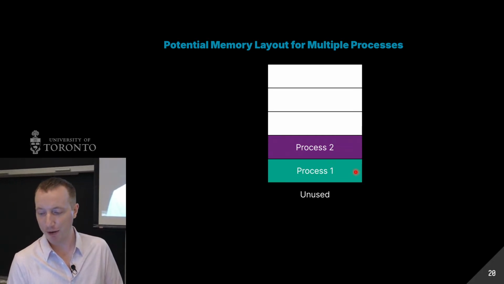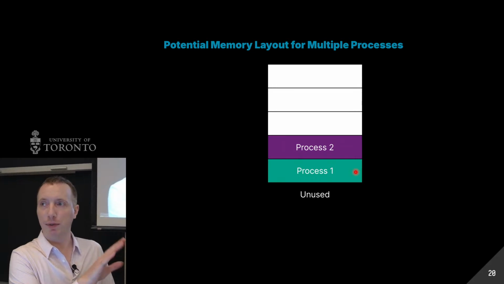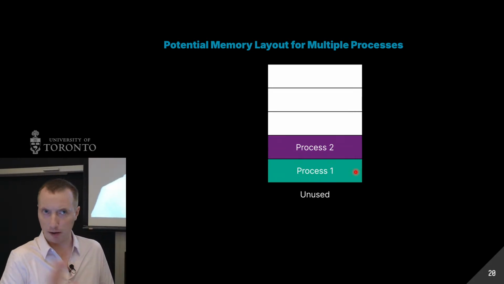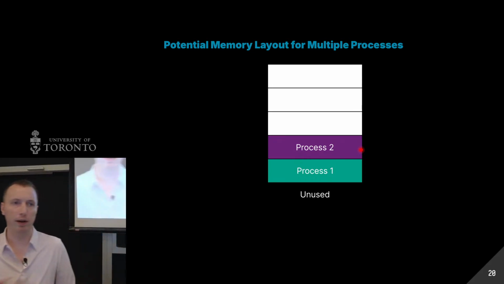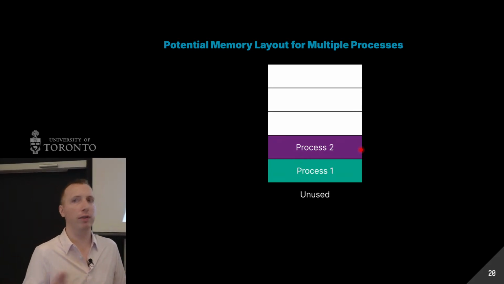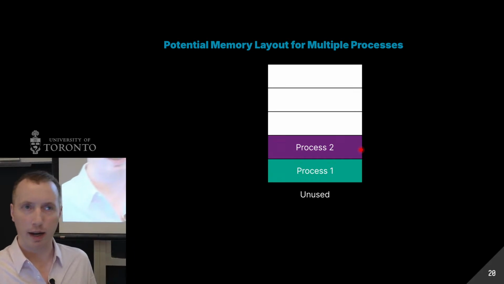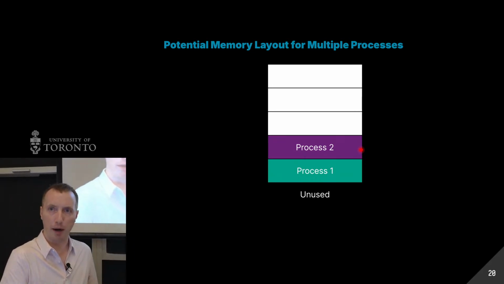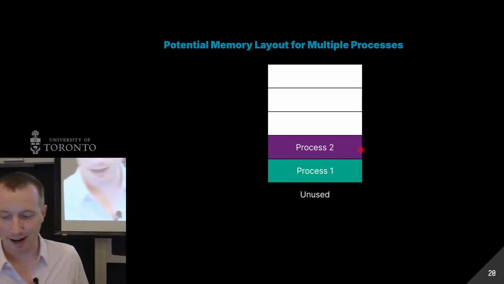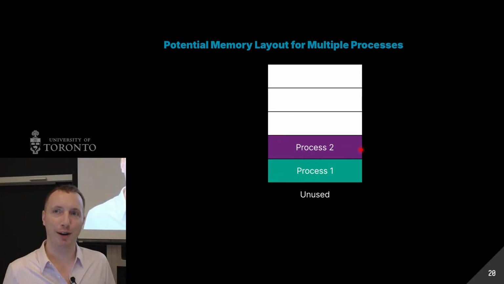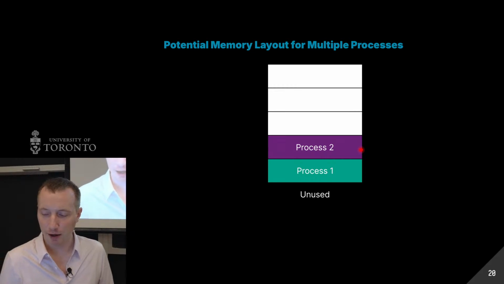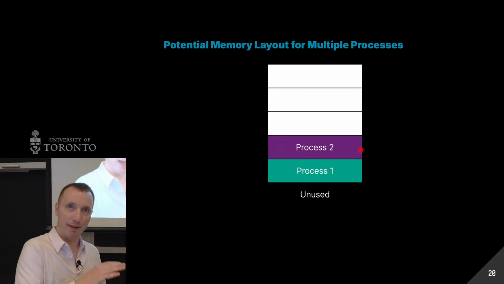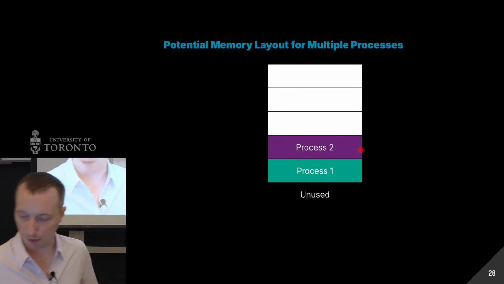We say, hey, process one, you only use these physical addresses and nothing else. And then process two, you only use these physical addresses and nothing else. And then you just trust that they stick to that and don't go over the boundary. They might have to register their addresses with the operating system, so that you know that set of addresses is set aside for them.